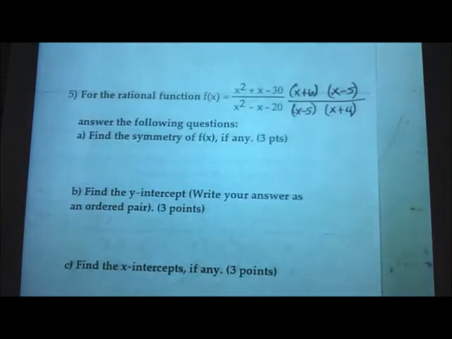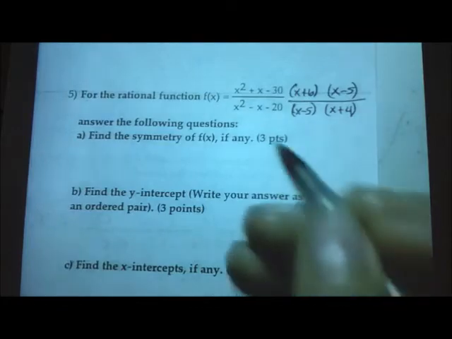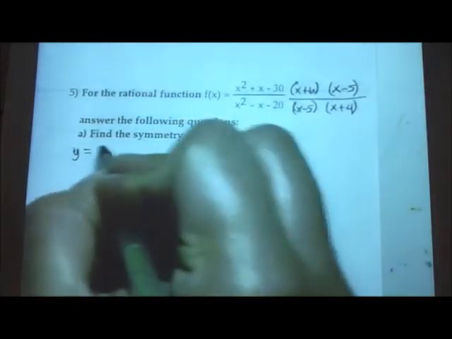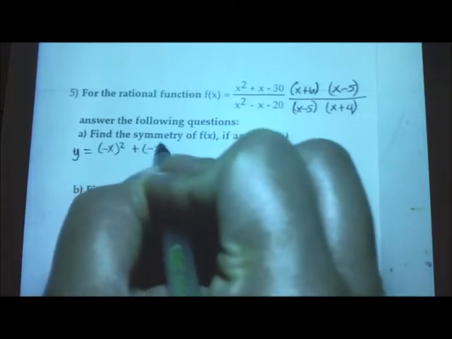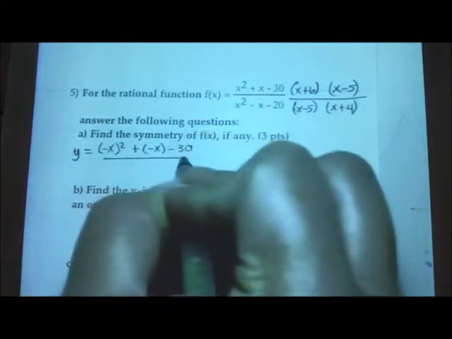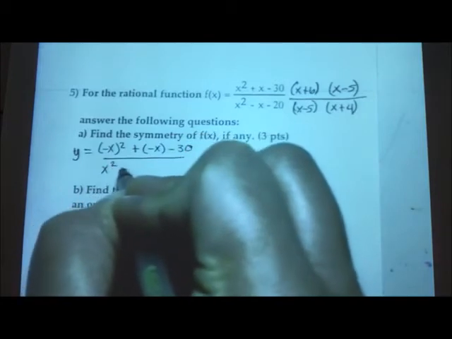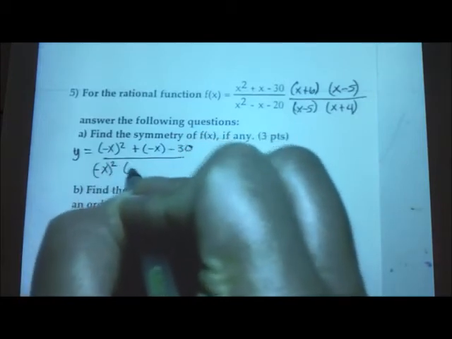So the first thing we have to do is find the symmetry of f of x. Now, remember, it could have been over the origin, or over the x-axis, or over the y-axis, or it's neither. So in order to know if it is over the y-axis, we were supposed to substitute every x with a negative x, and if it stayed the same, then it was symmetric.